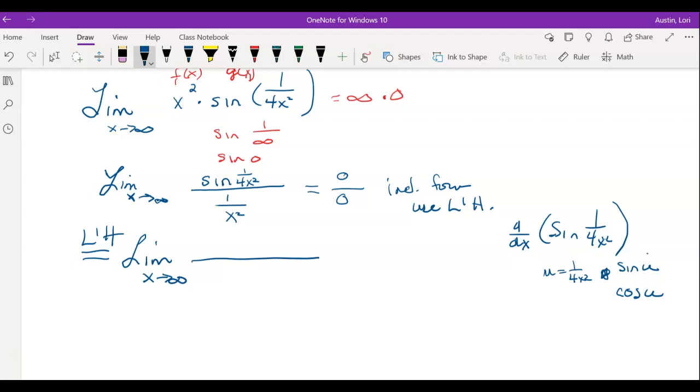So on your paper, right now, everyone get me the derivative of 1 over 4x squared on your own. Figure out the derivative of 1 over 4x squared for me. I rewrote it as (1/4) x to the negative 2. That might help you. Get me the derivative and tell me what that derivative is.